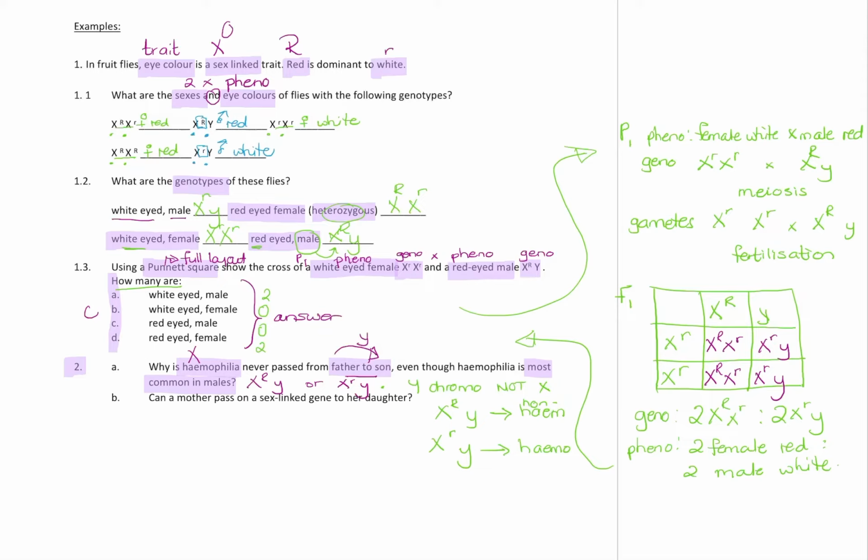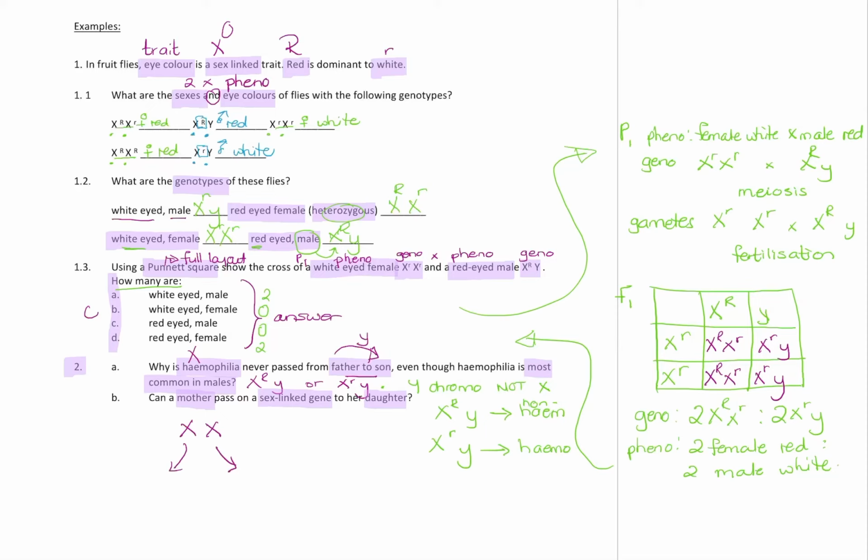Right, the last question. Can a mother pass on a sex-linked gene to her daughter? What we know about the mother is that she has 2 X chromosomes. So either one of those will be passed on to offspring, whether it's a son or a daughter.